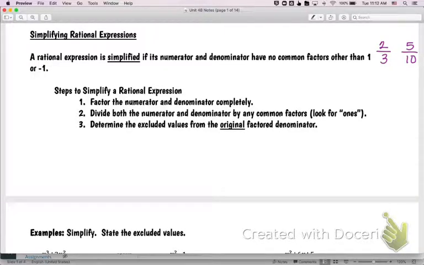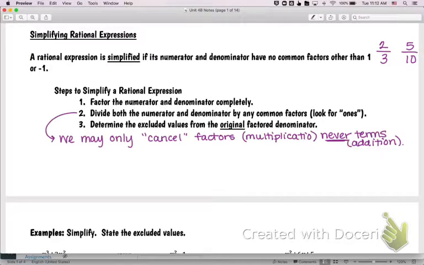Now, here's two things that I want to point out that we want to be very careful about. We can only ever cancel factors. Factors come from multiplication. X plus 2 times x minus 5, that's multiplication. Those represent factors. 3x, 3 times x, those represent factors. We can never cancel terms.